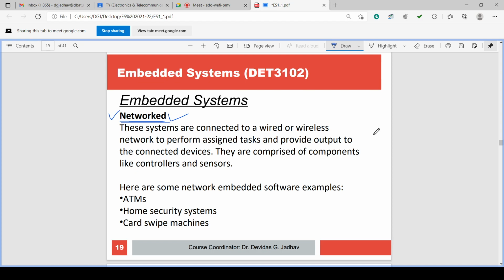Some wired LANs, local area networks, are there. These are networks with wire. Optical wire may be there, or Ethernet copper wire may be there. So these systems which are in wired or wireless networks are networked embedded systems.